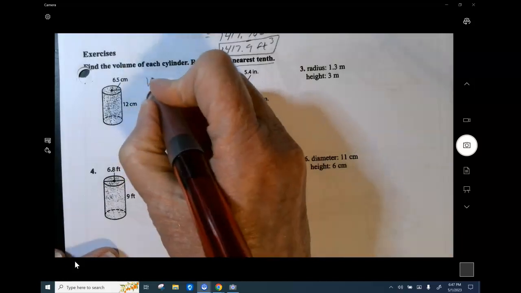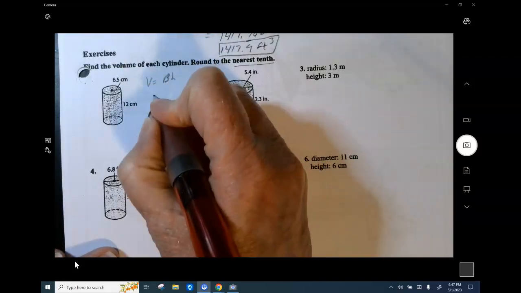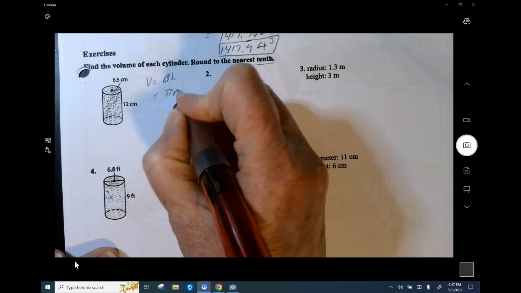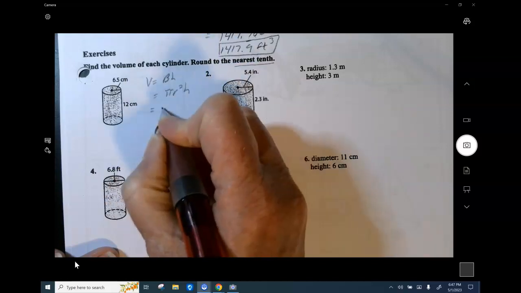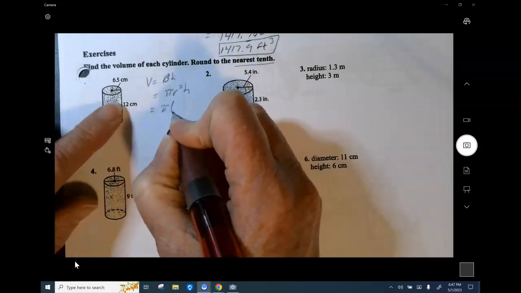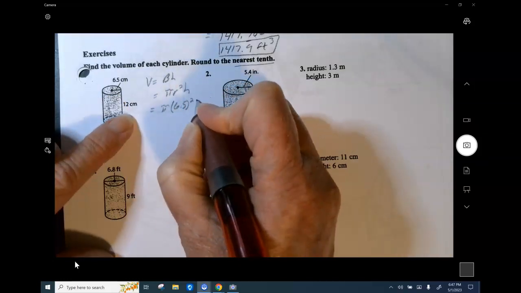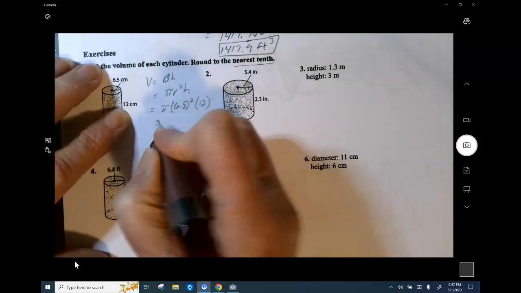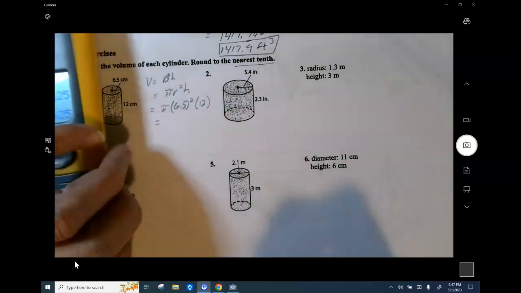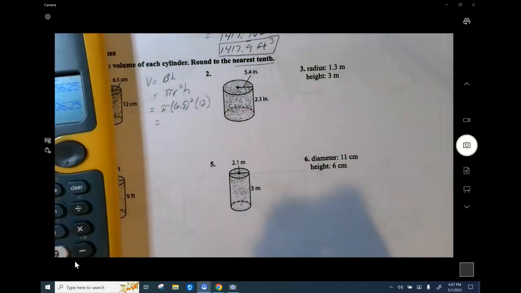Okay, so volume here is area of the base times the height. And again, we're on cylinder, so pi r squared h. So we get pi times r, and yay, they gave us a radius this time, times the height. Handy dandy calculator. 6.5 squared. Okay, do you want to watch me?